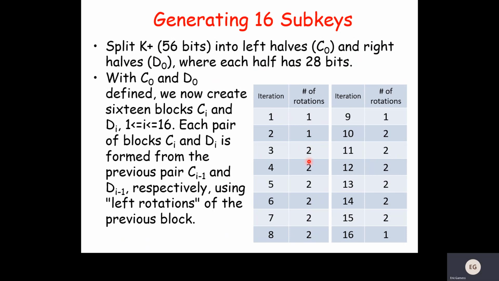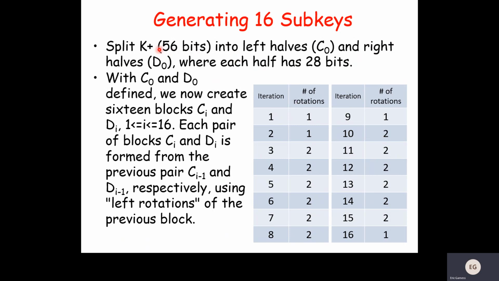To compute the subkey K3, you need 2 rotations. So if you look at this column, you need either 1 rotation or 2 rotations. So for example, to compute the key K14, you need 2 rotations. To compute the key K10, you need 2 rotations.